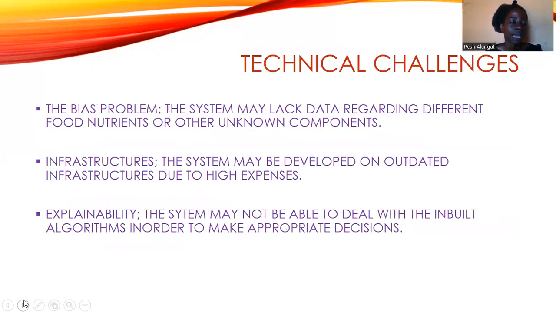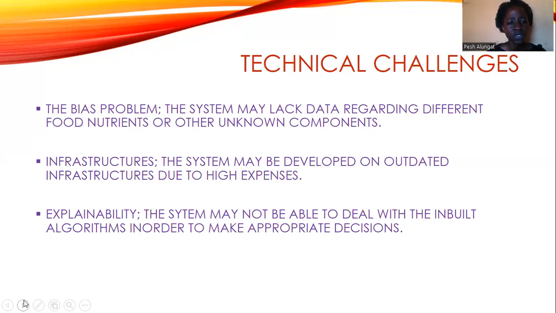Next, like any other project, we are bound to face technical challenges. First and foremost, there is the bias problem, and this majorly involves that the system may lack data regarding different food nutrients or other unknown components.